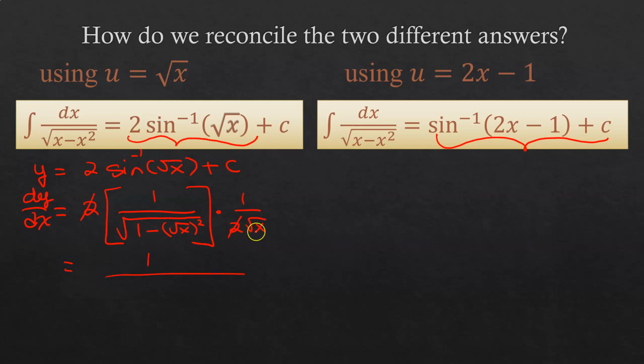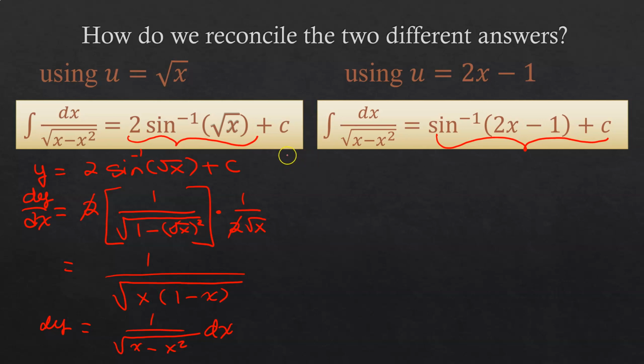When I'm multiplying the square roots, I can keep the square root the same and multiply the stuff inside. So I would have x times 1 minus x under the square root, and that is what we had originally started with. dy is 1 over square root of x minus x squared dx, right? So remember, that was the original problem.